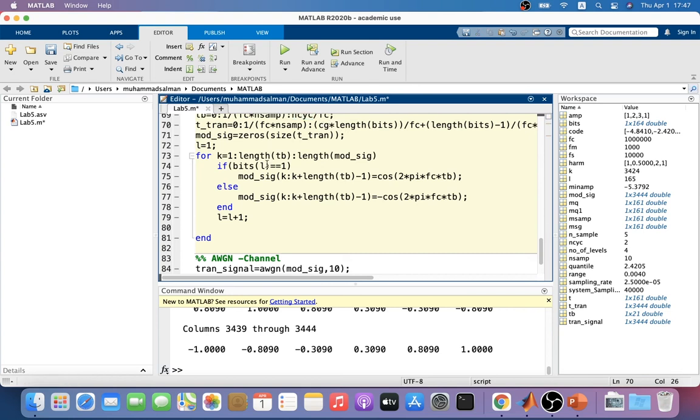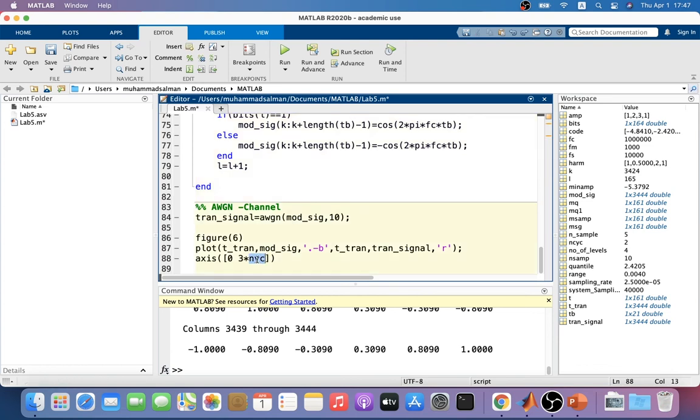So I should just copy, and then from here I will paste it. So 3 times the cycles, and then I think I should also divide it by fc, because it is modulated now. If I don't divide it by that one, then the x-axis will become something else.